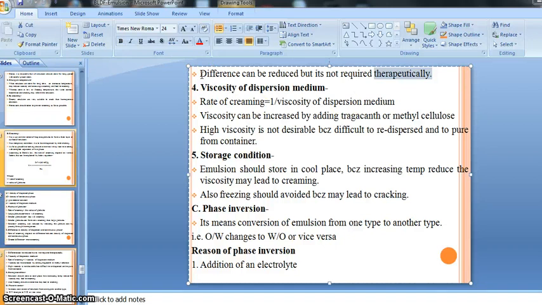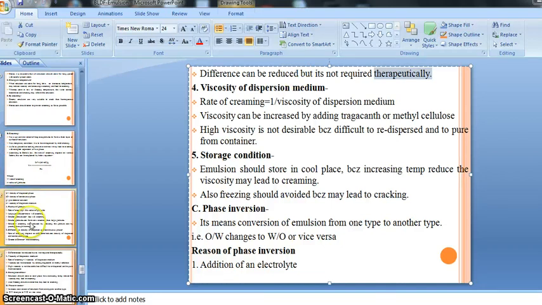We can minimize the difference of density of our two phases, right? But that is not important. We can minimize the difference of density of our two phases only for minimizing the rate of our creaming, right? And that difference does not affect the therapeutic effect of our preparation, right?